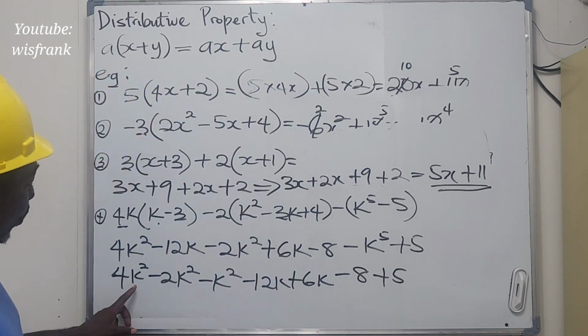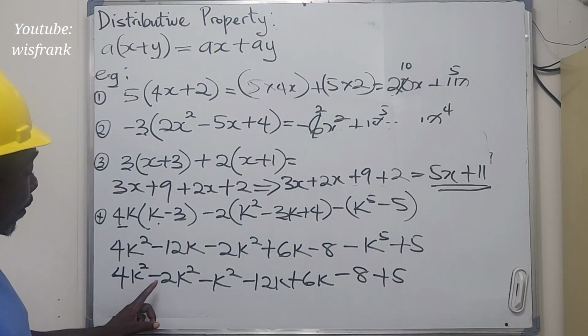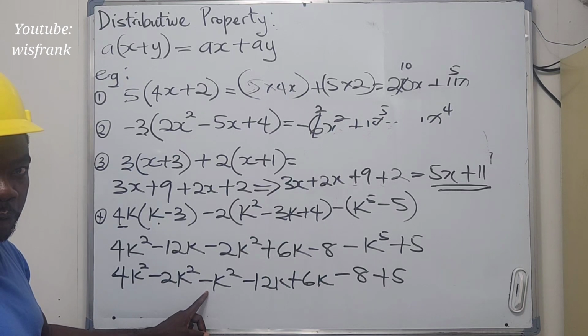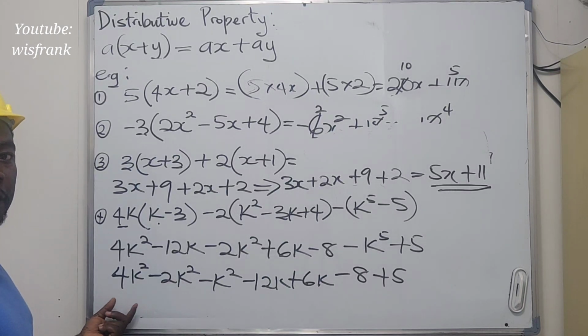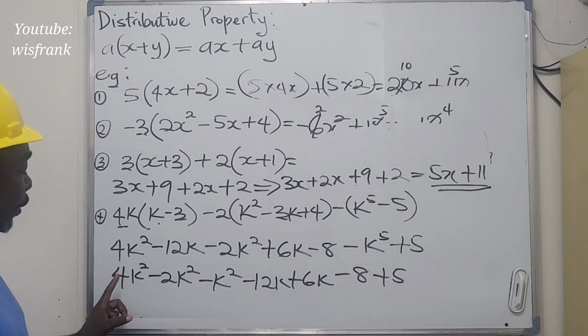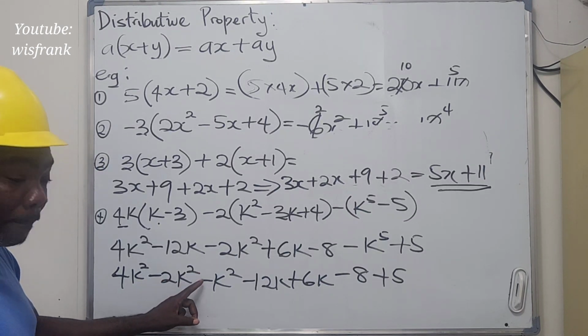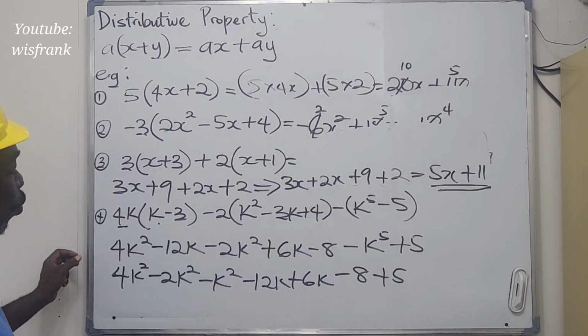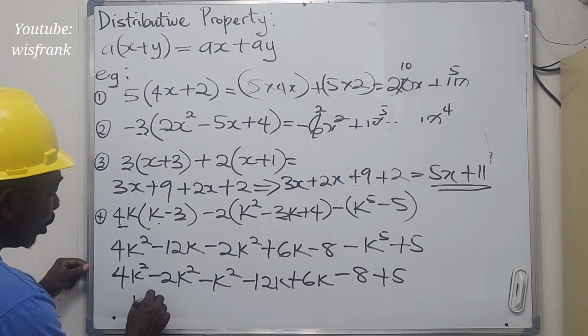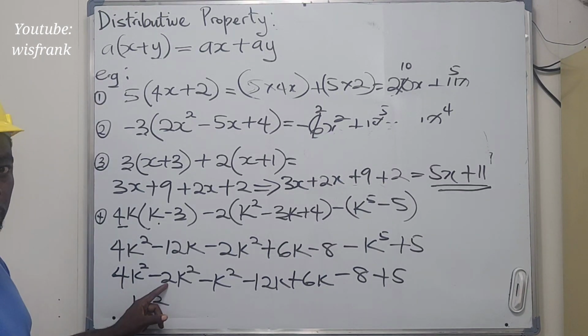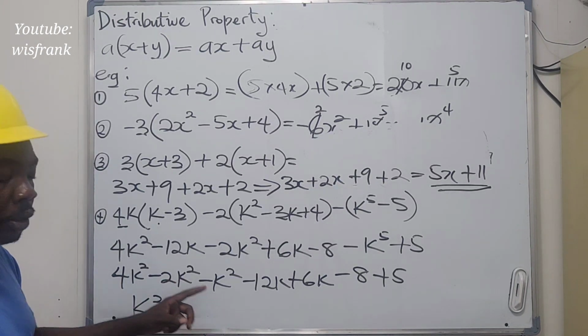So here we can see that we have 4 minus 2 minus 1, because we are taking the coefficient of this variable. That is 4k to the power of 2 minus 2k to the power of 2 minus k to the power of 2 will give us k to the power of 2. 4 minus 2 is 2. 2 minus 1 is 1.